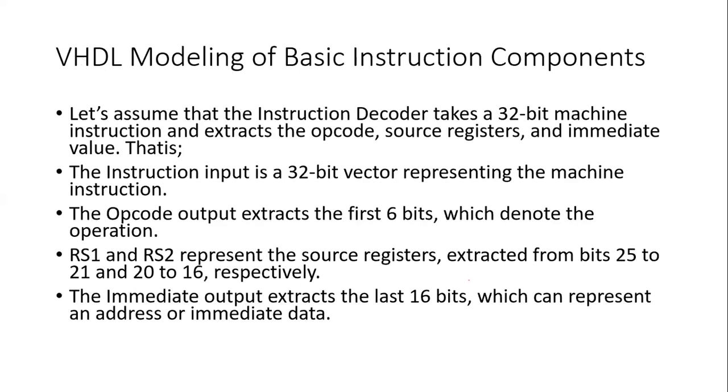So now let's assume that the instruction decoder takes a 32-bit machine instruction, and then it's going to extract the opcode, the source registers, and immediate address values. That is, the instruction input is a 32-bit vector, okay? I know I didn't mention it last time, but I'll mention it this time.